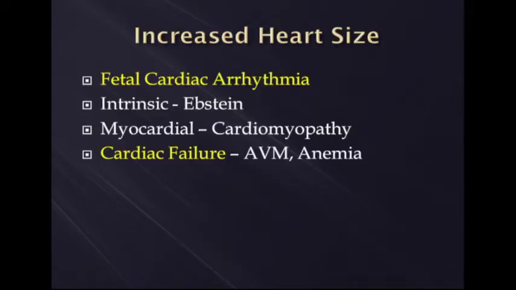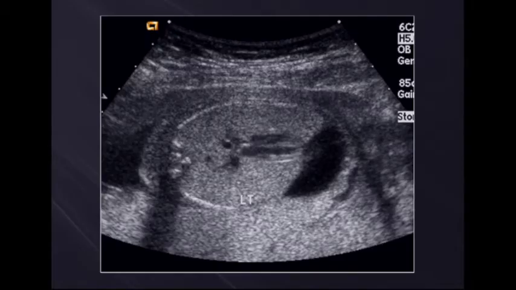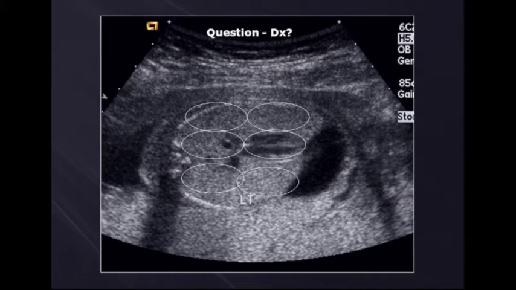And these are the different etiologies, so I show you the arrhythmias. You can get it from cardiac failure, extrinsic causes such as Ebstein's, and then a cardiomyopathy. On the other hand, look at this heart. This heart is pretty small. So if you look there, you have a rule of 6 here instead of a rule of 3. So that heart is compressed.